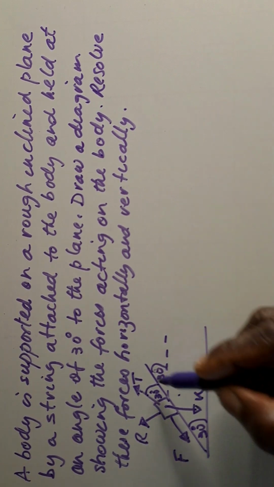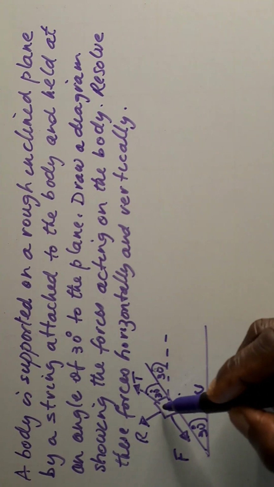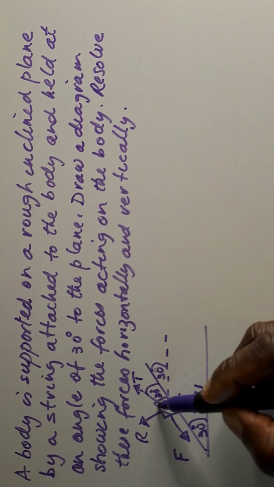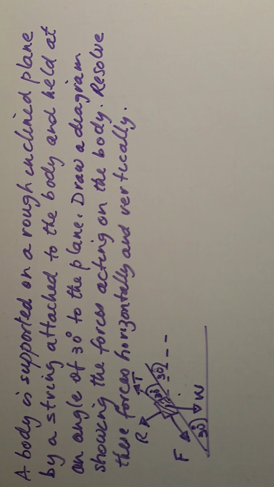So this is our diagram. This is the slope, inclined at 30 degrees. And this little block represents the body.